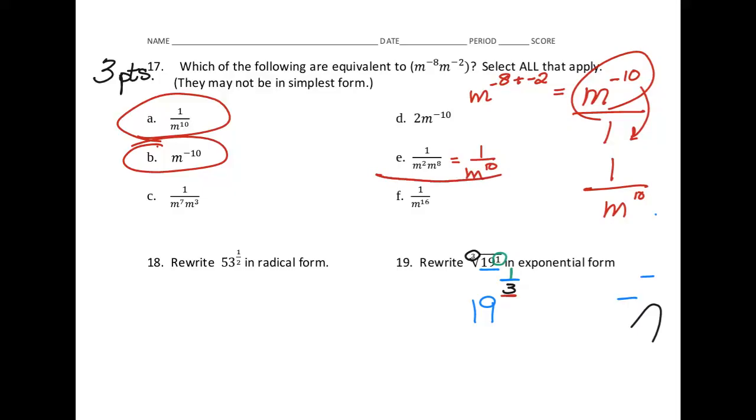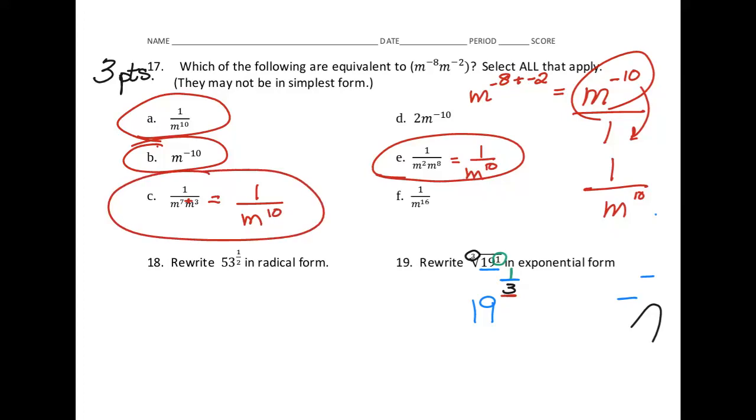So yes, this is equivalent. Actually, not D, C. Yes, because m to the 7th times m to the 3rd in the denominator is 1 over m to the 10th, which is also equivalent.